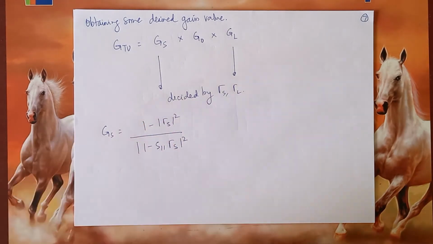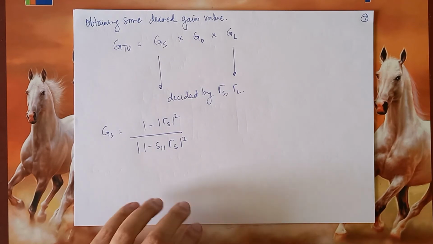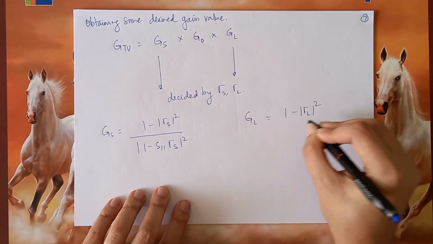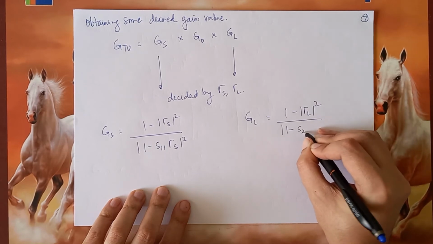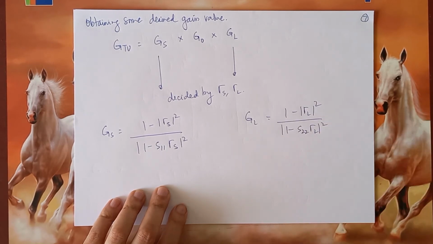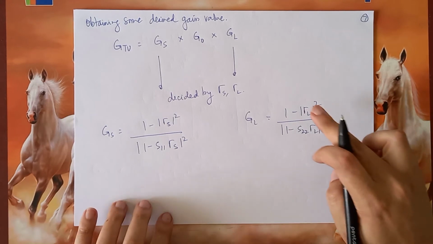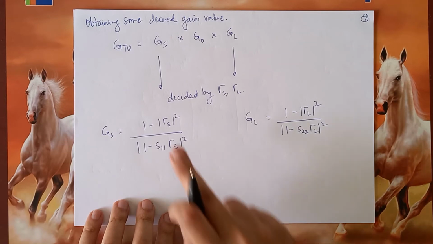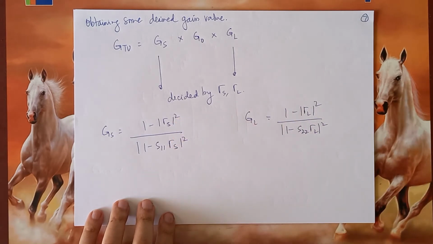For different values of gamma S, we will get different values of gain. Likewise for GL, we can play around with the values of gamma L and get different values of GL.